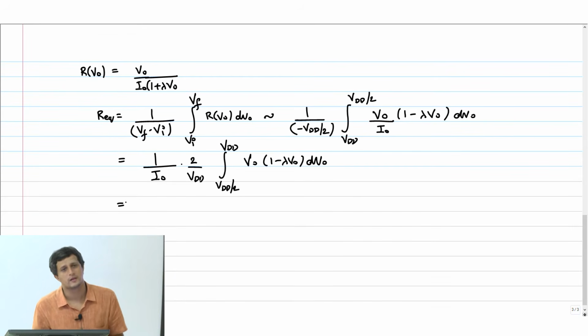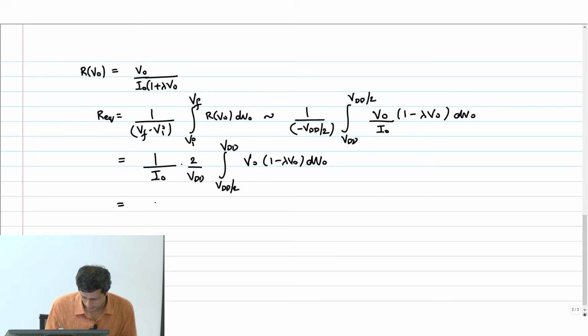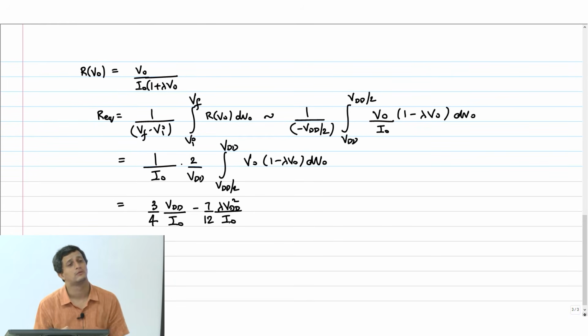So what did we get as the answer here? You solve the integration and you just get 3 by 4 VDD by I naught minus 7 by 12 lambda into VDD squared by I naught, right? This is what we got.